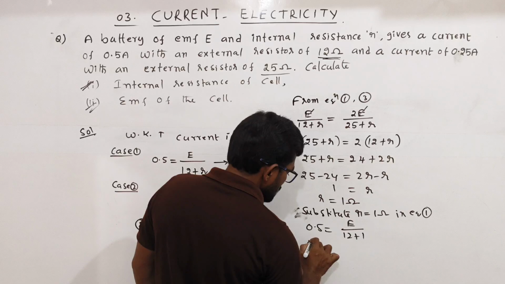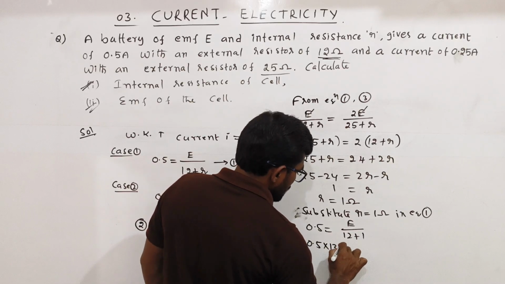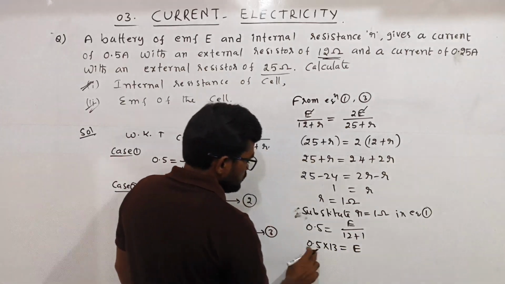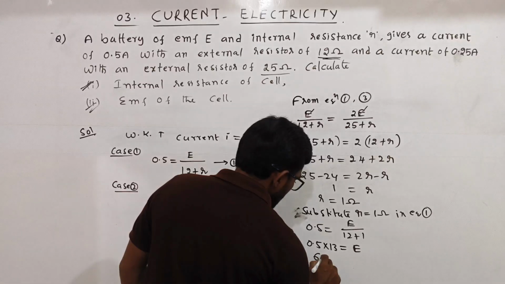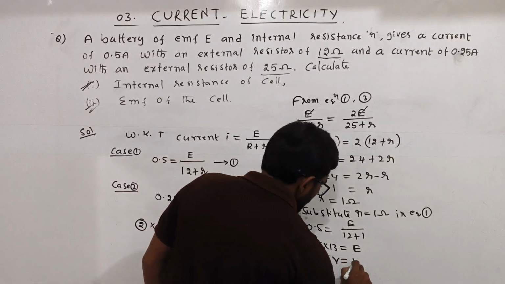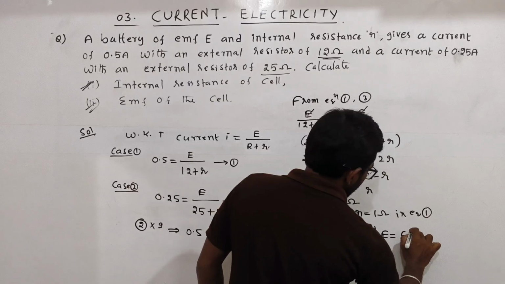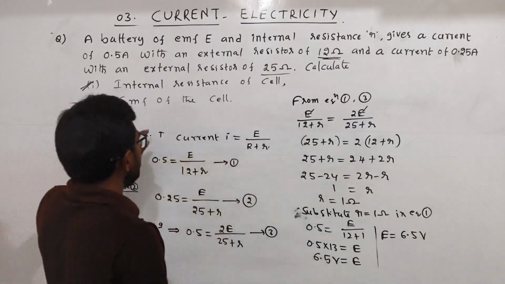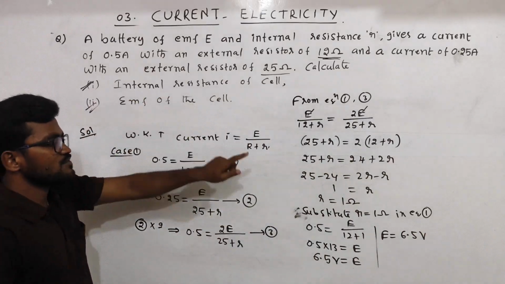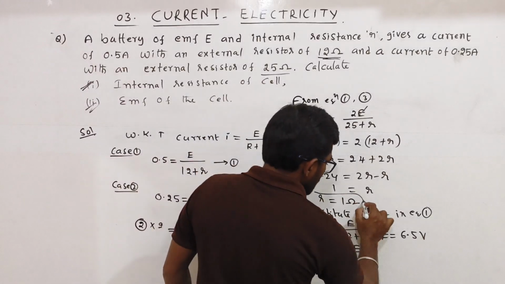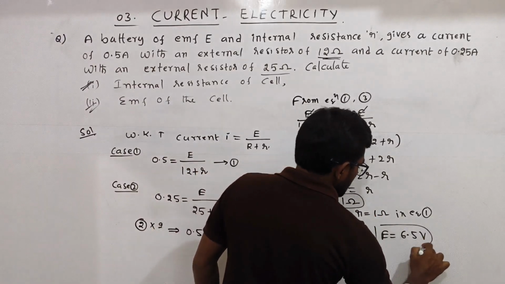By cross multiplication, 0.5 into 13 is equal to E. 13 into 5 is 65, so this will become 6.5 volt. So E is equal to 6.5 volt. The EMF of the cell is 6.5 volt and the internal resistance of the cell is 1 ohm.